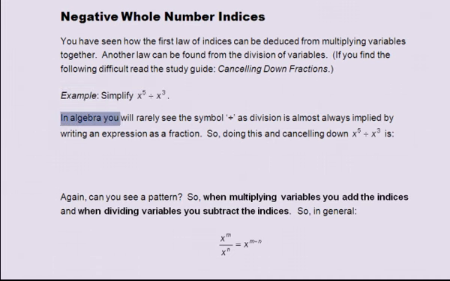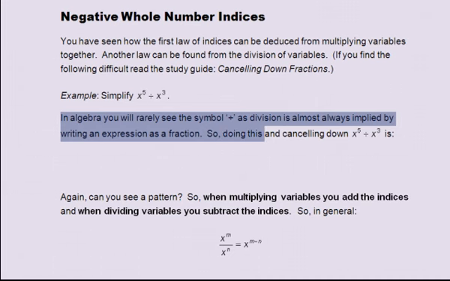In algebra, you will rarely see the symbol divide, as division is almost always implied by writing an expression as a fraction. So, doing this, x to the power 5 divided by x to the power 3 is, as x to the power 5 is the numerator, and x to the power 3 is the denominator.